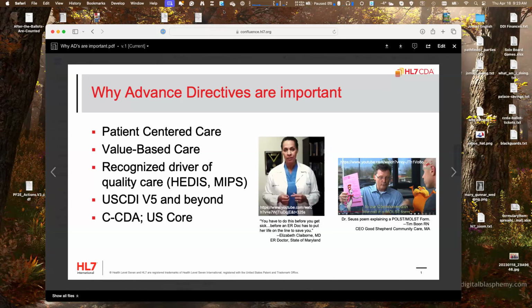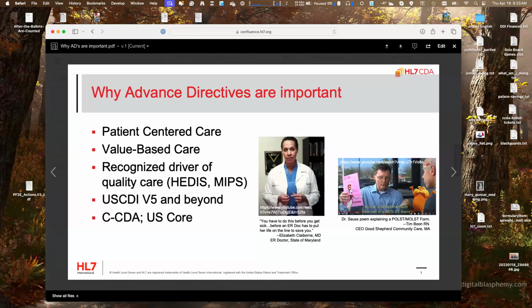Mostly it was offered as a may section in some documents, but as USCDI is progressing and driving the focus on advanced directives through data elements like intervention preferences, treatment intervention preferences, and care experience preferences. And as you'll see in the next level of USCDI after V5, a whole data class around advanced directives.